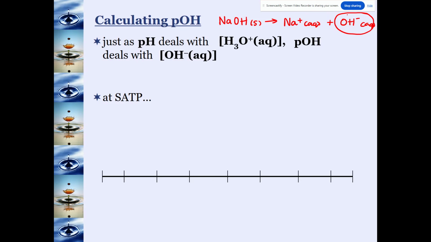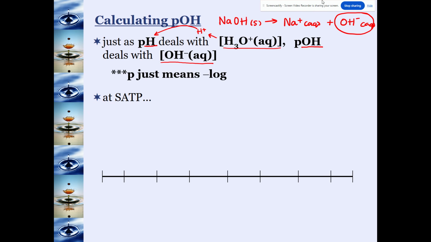Okay, so if we have hydronium ions, which remember are synonymous with the hydrogen ion, that means we have a number on our pH scale. But if instead we have hydroxide ions, we are going to get a value on our pOH scale. So whatever ions you have lets you know which scale you're going to get a number on when you take the negative log of it.